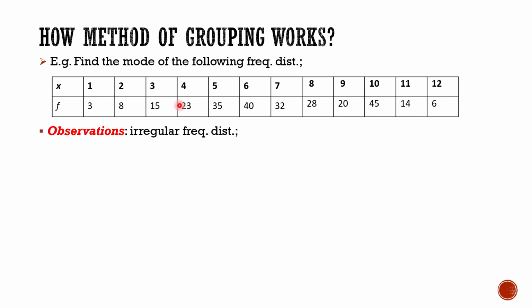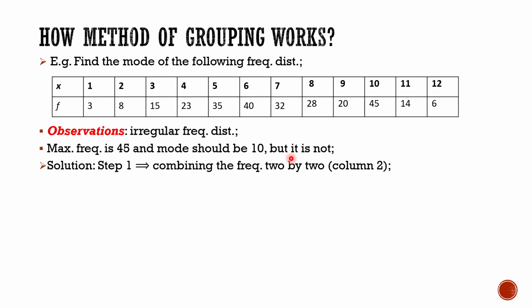Particularly at the end, we have the maximum frequency and it is somewhat irregular. So from this, the maximum frequency is 45, so the mode should be 10, but that is not the case. Here we have to use the method of grouping. How it works, the solution is this.